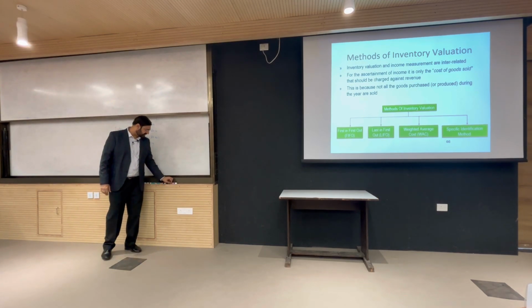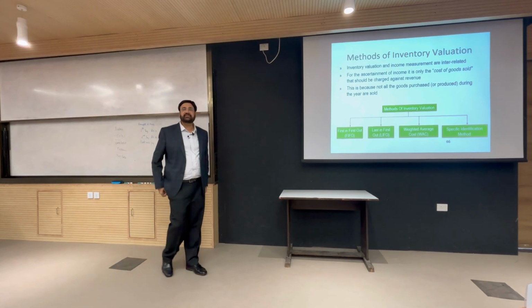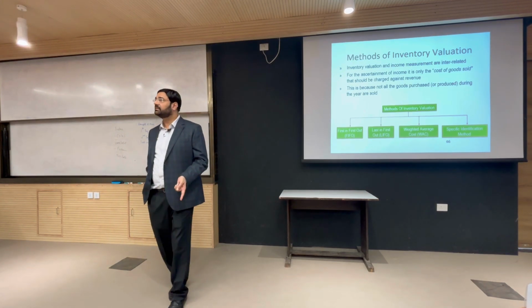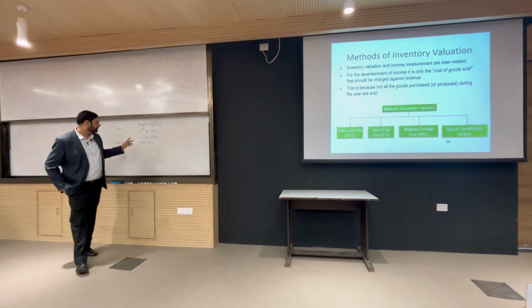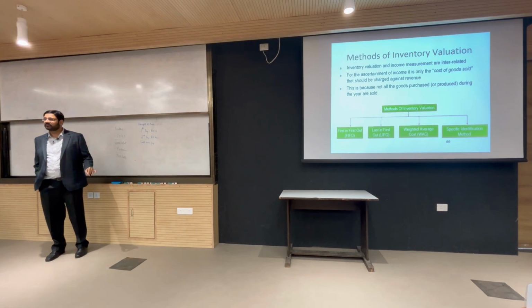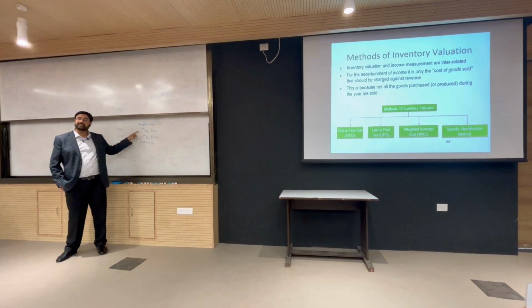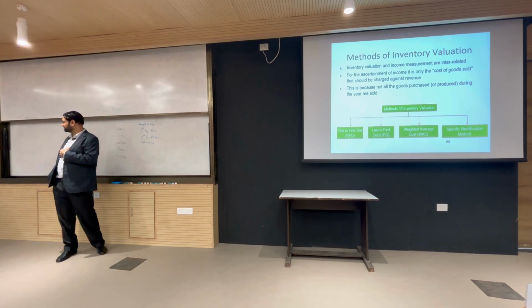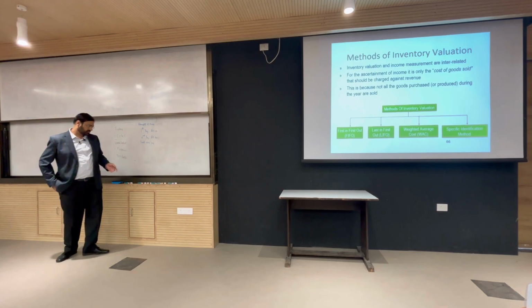If we sold one jug, what is the FIFO method saying? First in, first out. We don't know which jug is sold. But if we are following the FIFO method, we are saying first in, first out. So the first jug that came in is sold first. The second jug is not yet sold, it is lying with us.